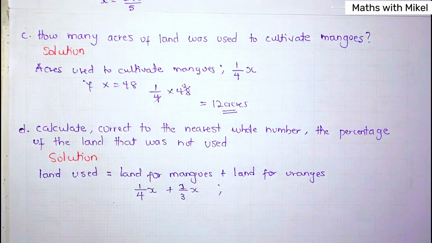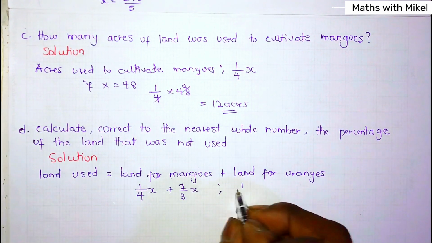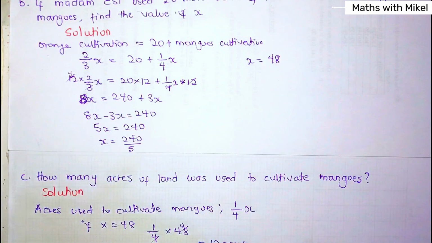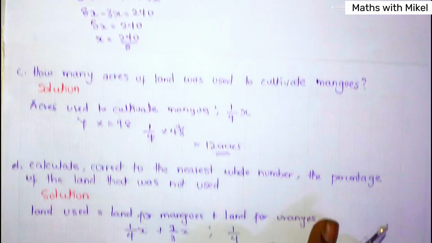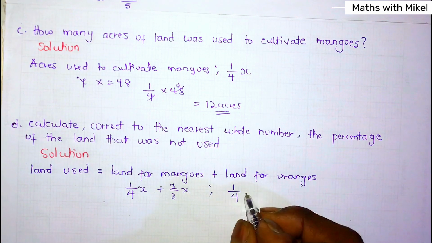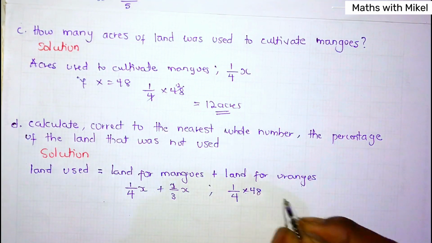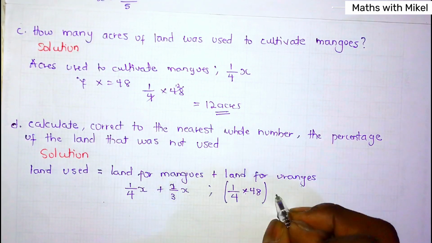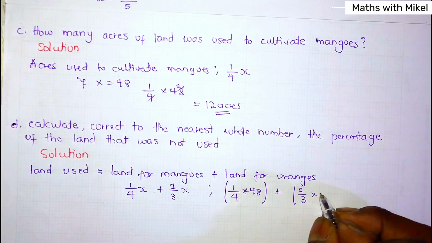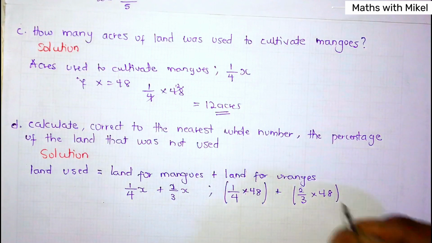So this gives us 1 over 4. We found x to be 48. So this is going to give us 1 over 4 times 48 plus 2 over 3 times 48.